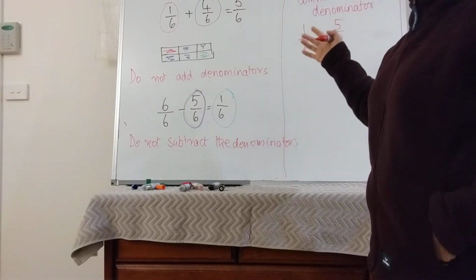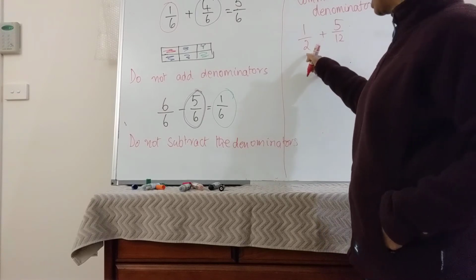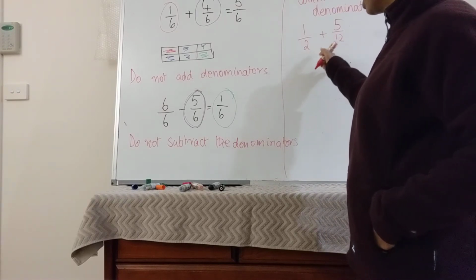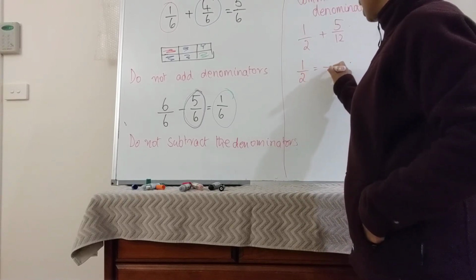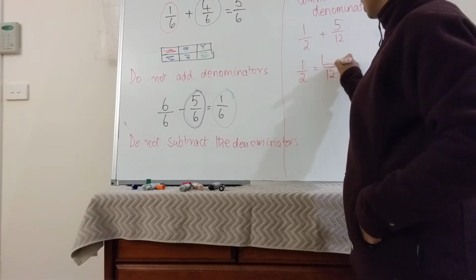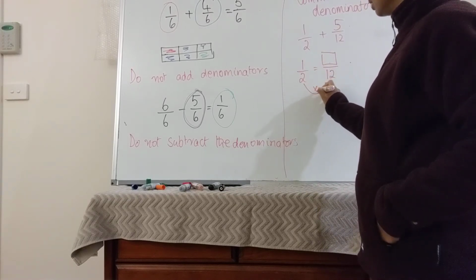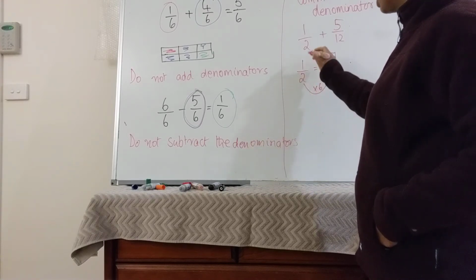Now, if you remember your equivalent fractions, you know that 2 can be scaled up to 12. So, how can I do that? 1 over 2 can be written as something over 12. 2 times what is 12? 6. 2 times 6 gives me 12.